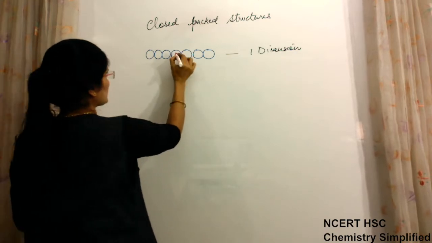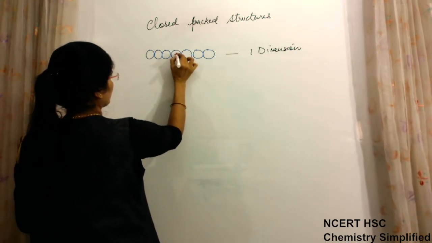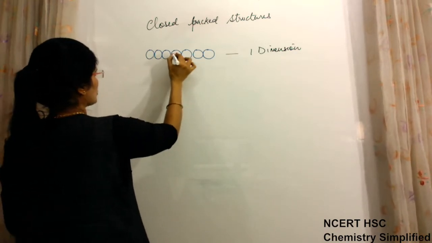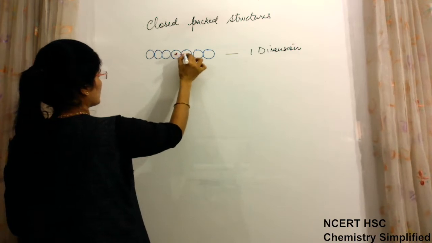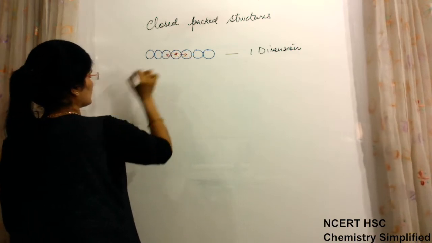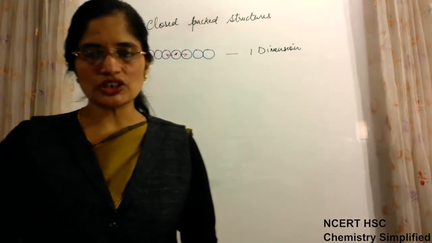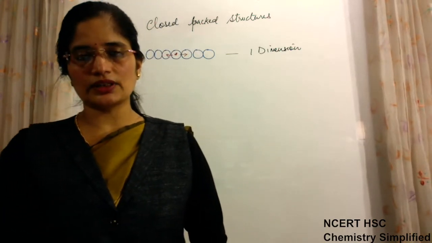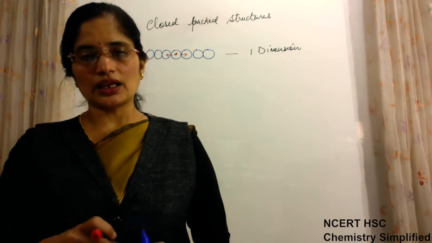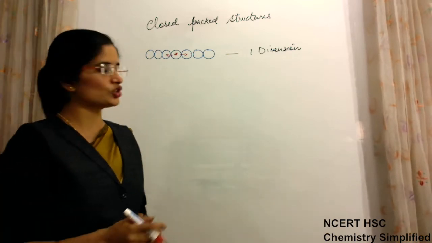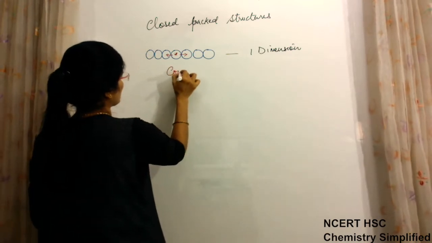Now if you see any particle, this particle is in contact with this particle and with this particle. The number of particles which are in touch or contact with a particular particle inside the close packed structure is known as its coordination number.